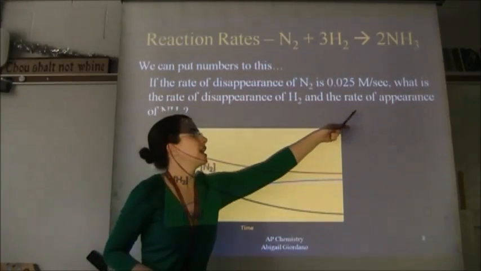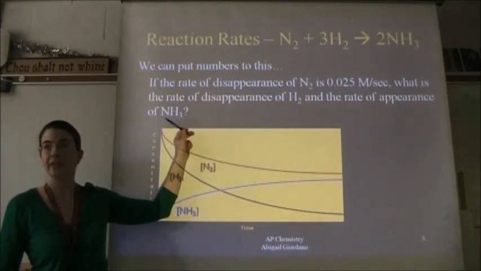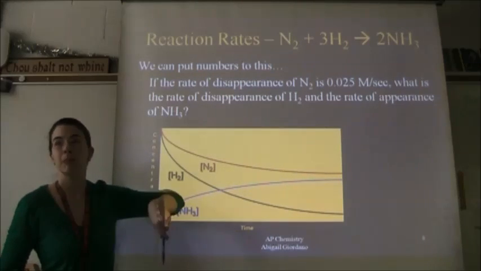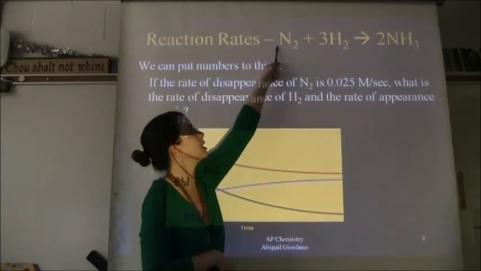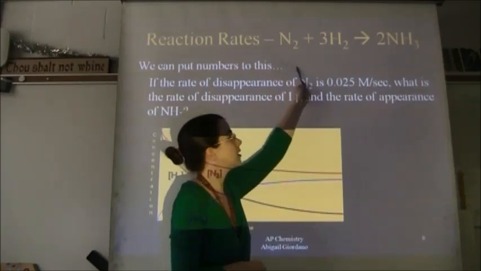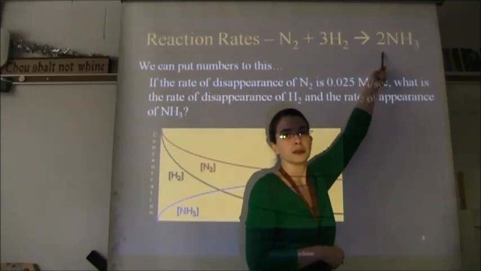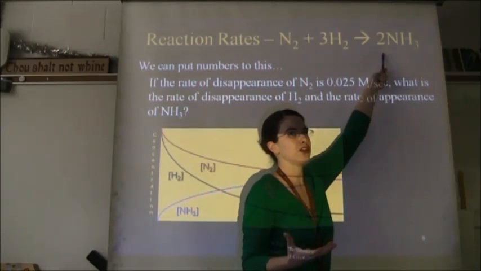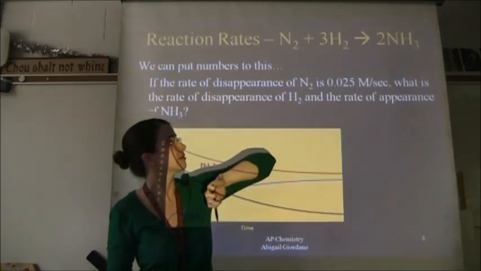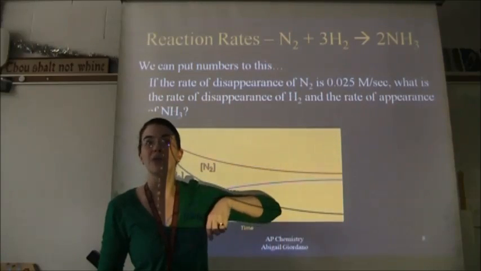How about the rate of appearance of my ammonia? We were given information about this guy. What's the number? Do the math in your head. 0.050. Yeah.